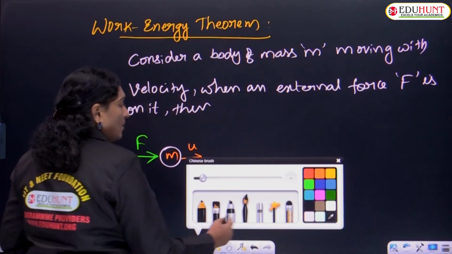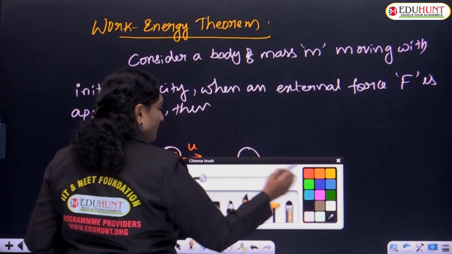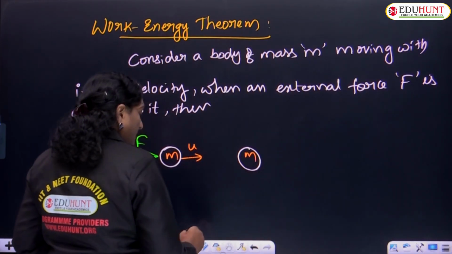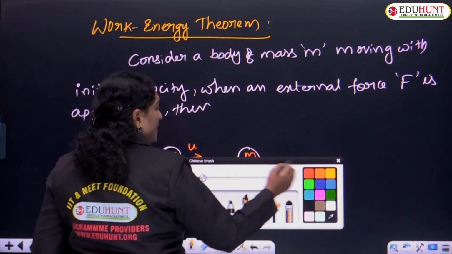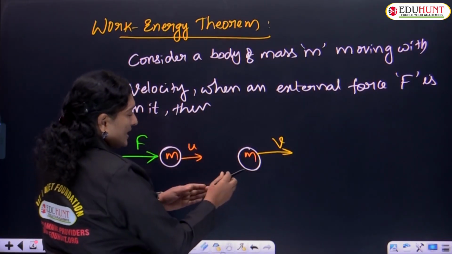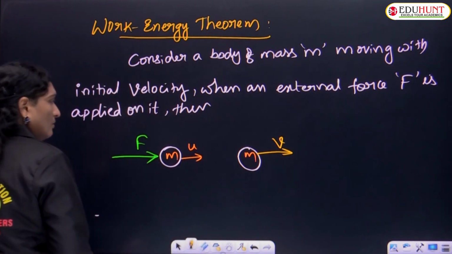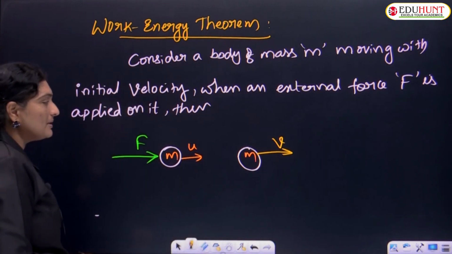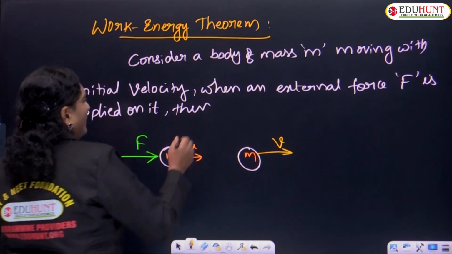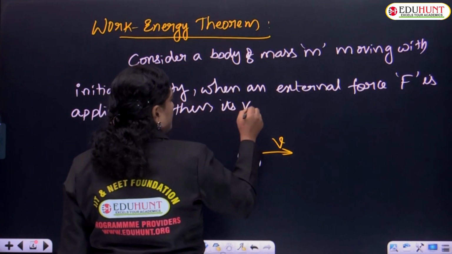So for the same body, whenever the force is applied, its velocity changes to v. Earlier it was u. Because of the application of force, its velocity is changed to v. Are you getting me, children?